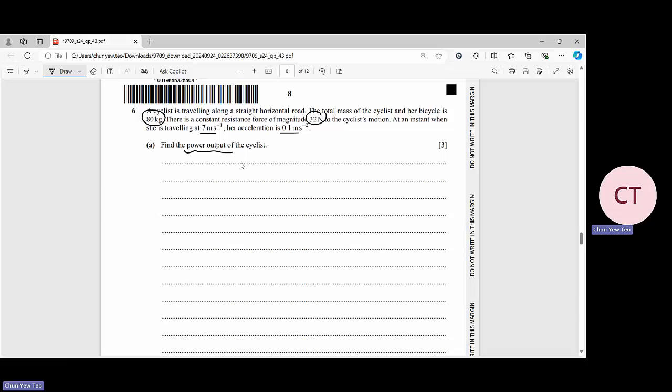Okay, so we know that the power is the driving force multiplied by V. That means your driving force is P divided by V. Now if you resolve the forces of the cyclist horizontally, the driving force of the cyclist minus the resistance force is equal to ma, Newton's second law.